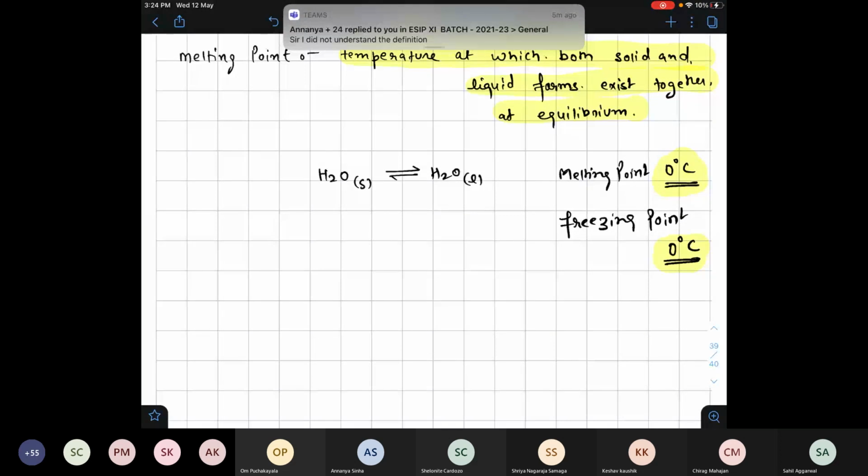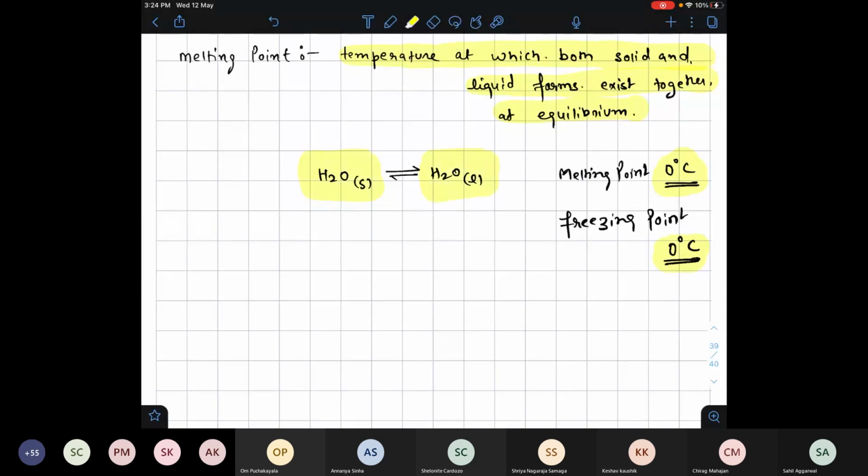Ananya, the temperature at which solid is getting converted to liquid, liquid is getting converted to solid. Both forms exist at melting point or freezing point. कोई एक स्टेट एग्जिस्ट नहीं करती है, वो टेम्परेचर जिस पर दोनों फॉर्म एग्जिस्ट करे.